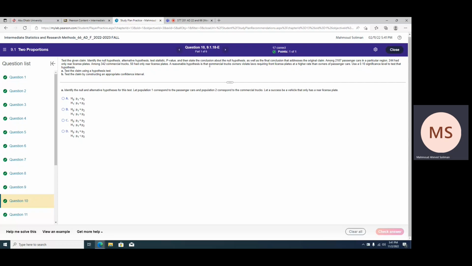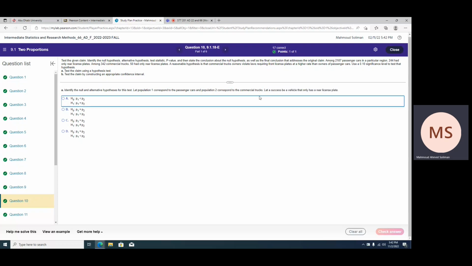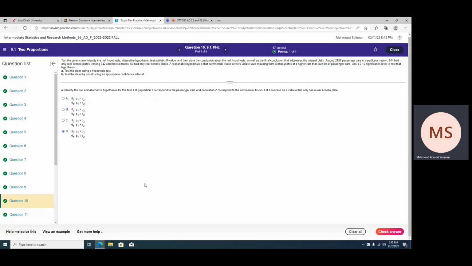The claim is that commercial trucks violate more laws than passenger cars. So remember, trucks more than cars, so greater than. Population 1 is cars, p2 is commercial trucks. So p1 cars, p2 trucks, and we said trucks is more than cars, so p2 greater than p1.